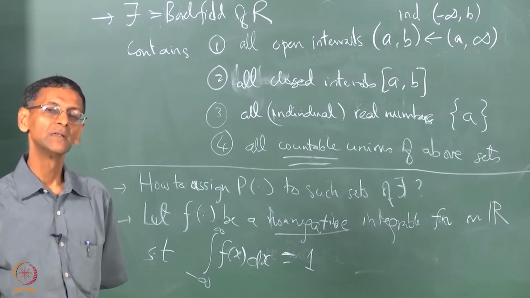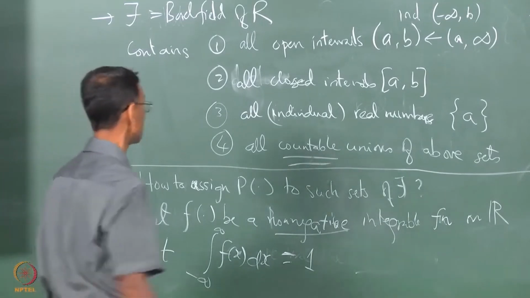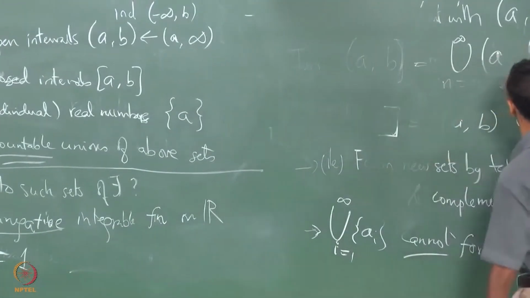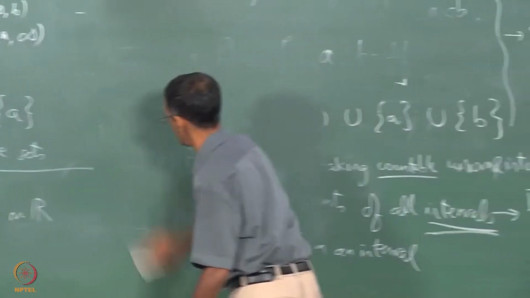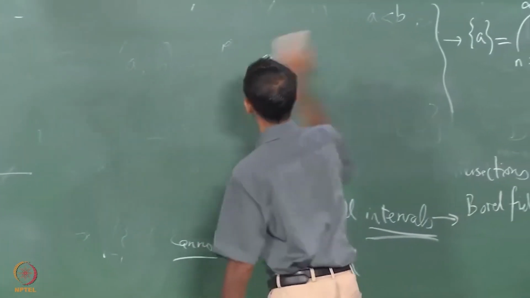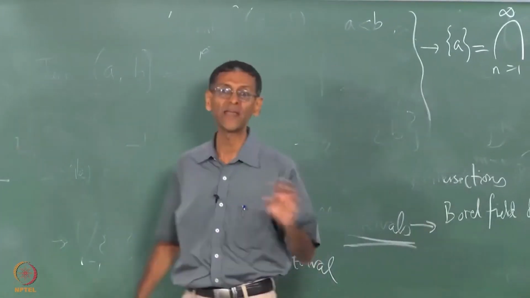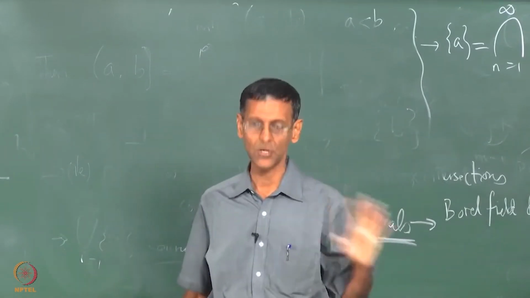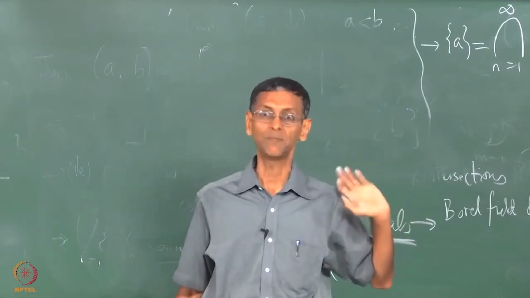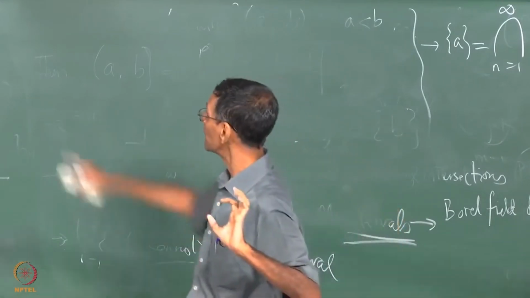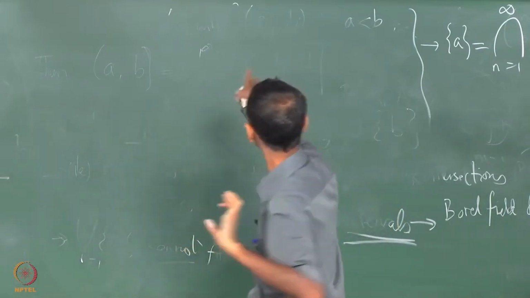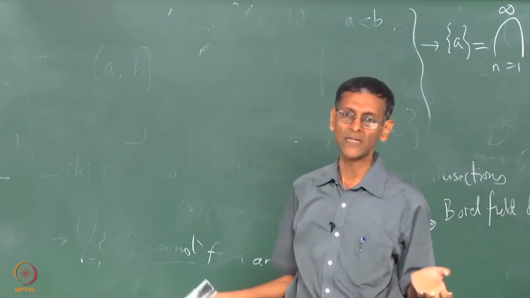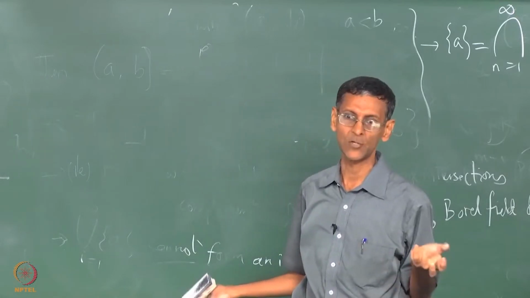Based on this function, how will we assign a probability to any interval? Again, this has nothing to do with random variables. Remember, we are going back to the first part of this course where we only talked about omega, F, P. We are just talking about the basic omega, F, P, right? Now we have fixed omega, let us say, as equal to R for the time being. It is not a big issue to shrink it down to any subset of R like 0, 1 or whatever.